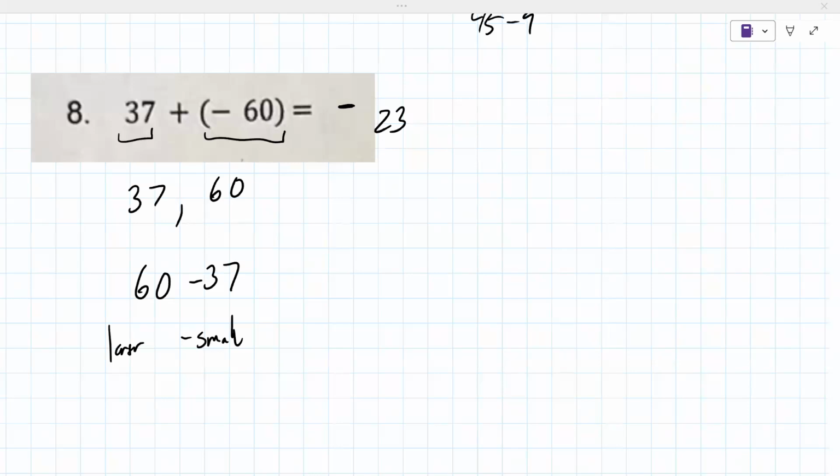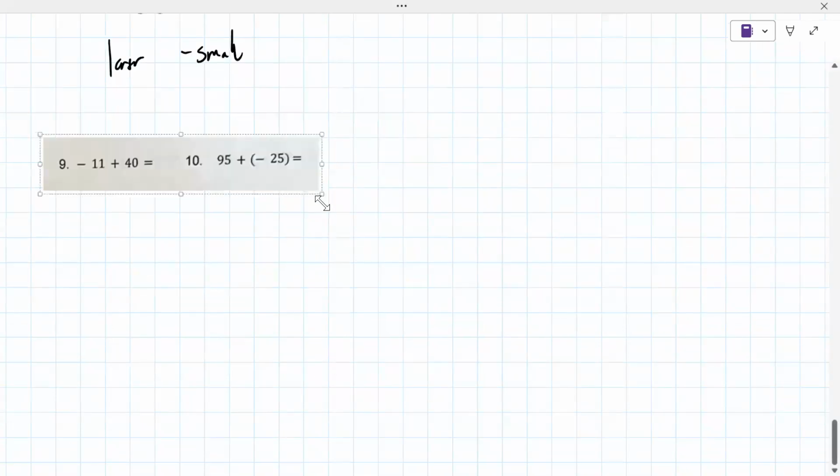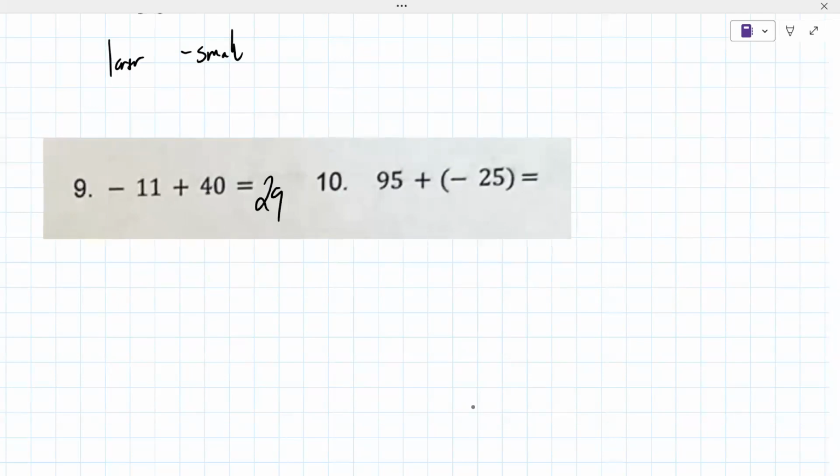Positive 70. Agreed. All right. 11 is like the ones we've been doing.